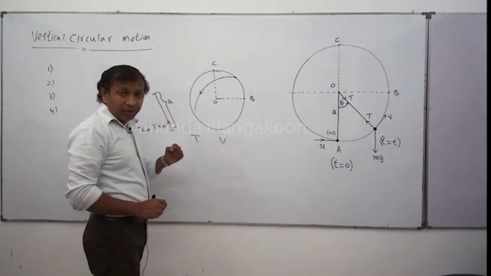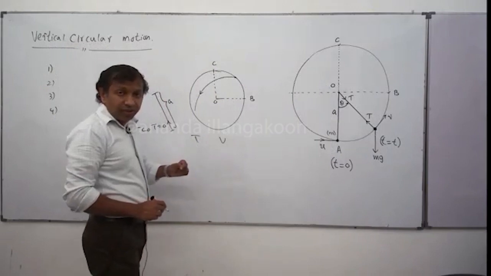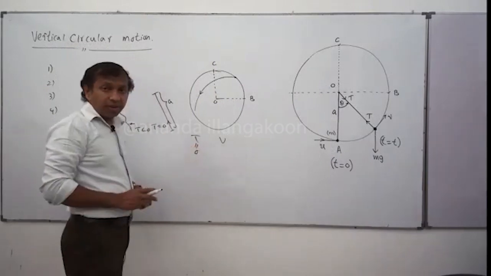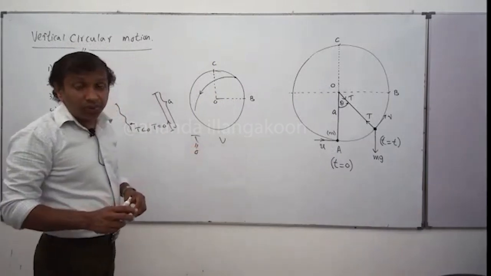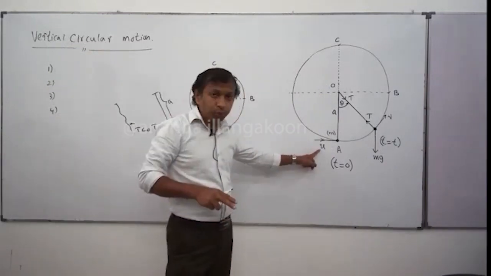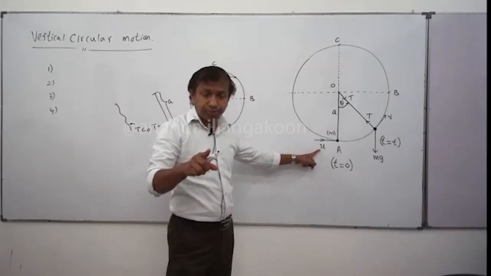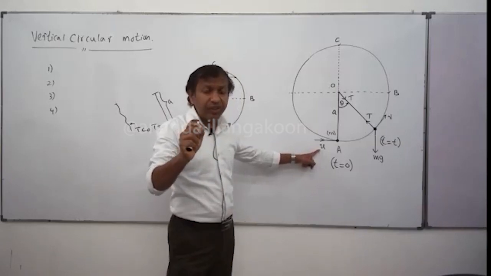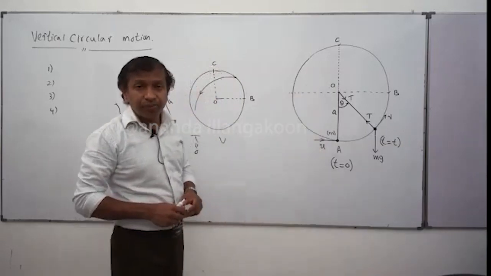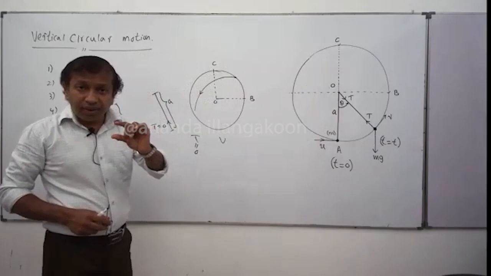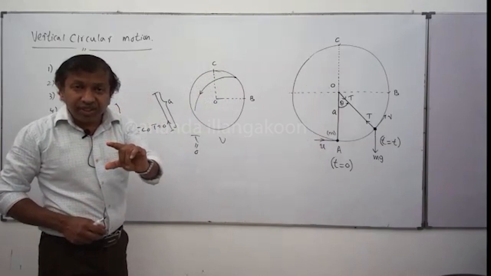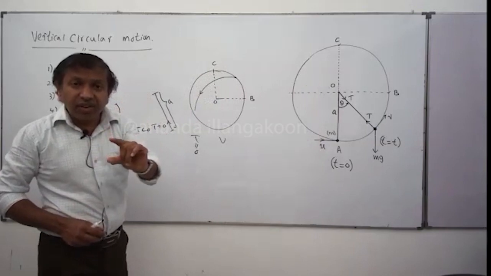The variable which can come to zero first is tension T. That depends on initial velocity u. There's a particular range for this initial u. If we project this particle with that velocity, in between B and C, tension T is the one which can come to zero first.